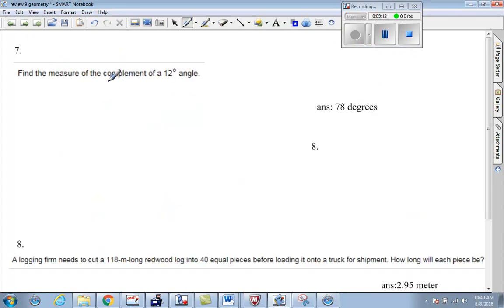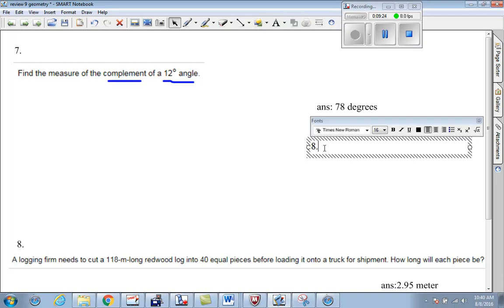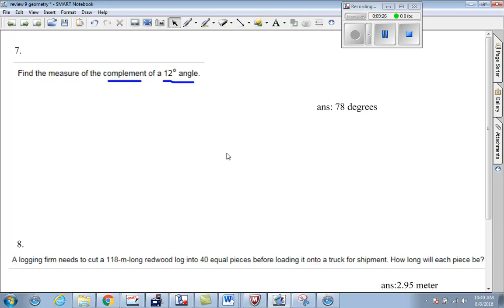Find the measure of the complement of a 12-degree angle. And obviously I have the answer over here. Okay, the answer is 78 degrees, but the big thing that you're noticing is that 78 plus 12 makes 90.